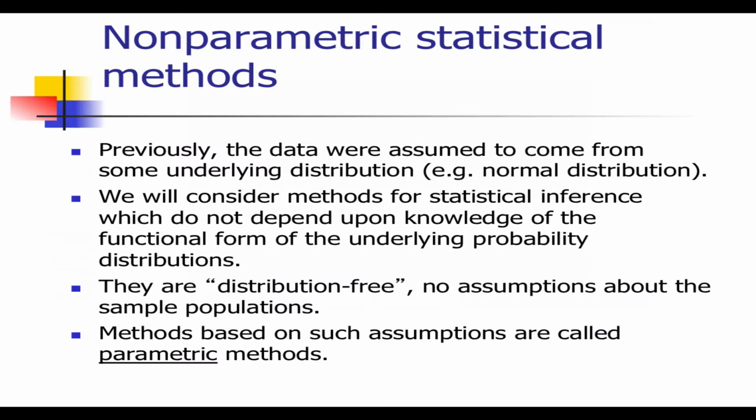It doesn't have to be a normal distribution. It doesn't have to be a binomial distribution or chi-square. For non-parametric tests, it really needs to be distribution free. So that is a general definition of non-parametric statistics.